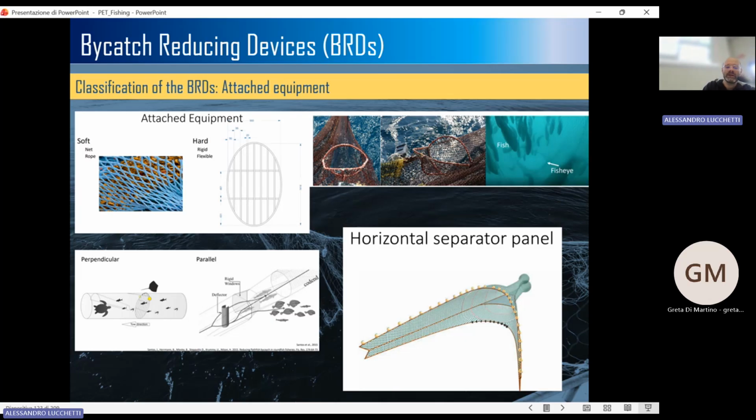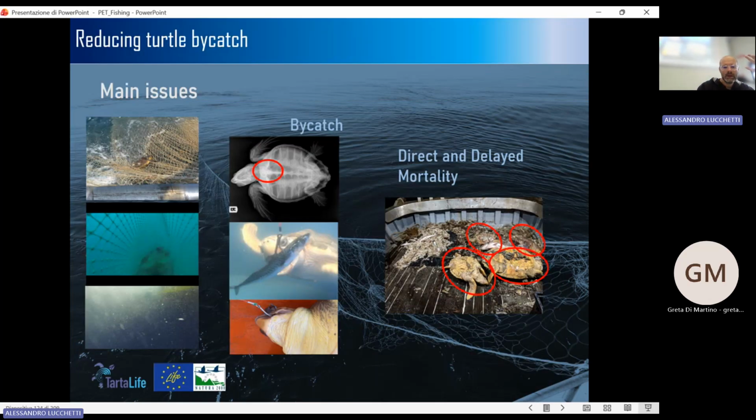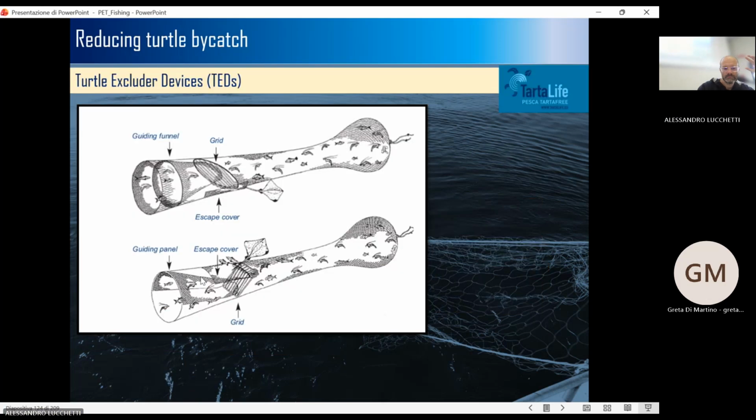There is a hole in the net. The turtle can go away from the net, and the commercial catch can pass through the bars of the grid until the codend. Okay. Yes, this is how the turtle excluder device works.